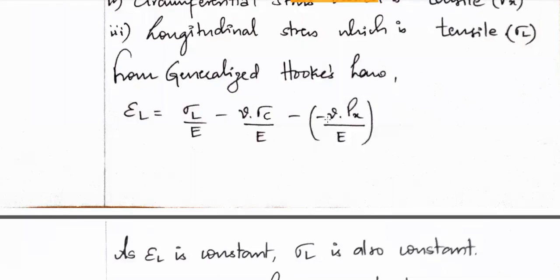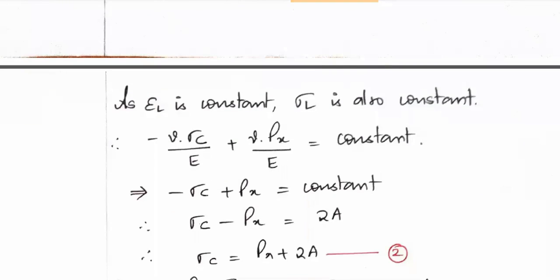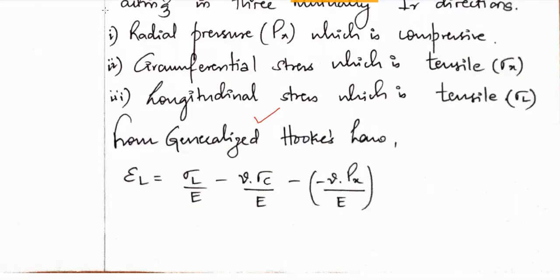It takes a positive value, written here as nu into Px divided by E, and this is minus nu into sigma C divided by E.